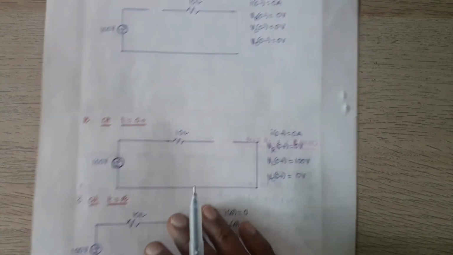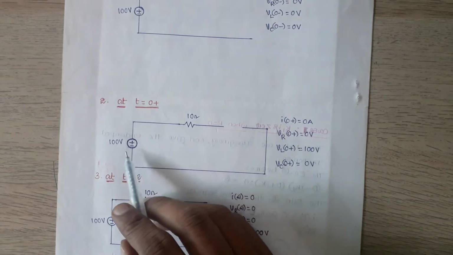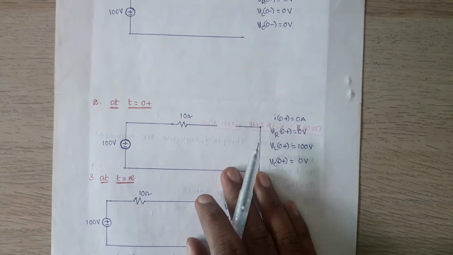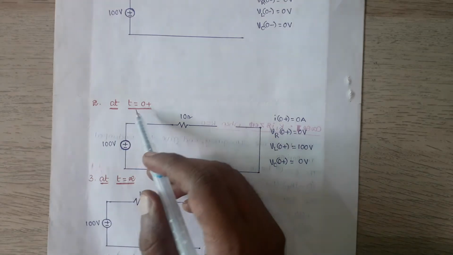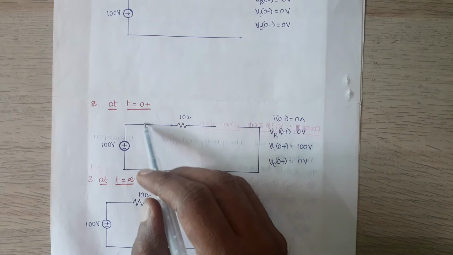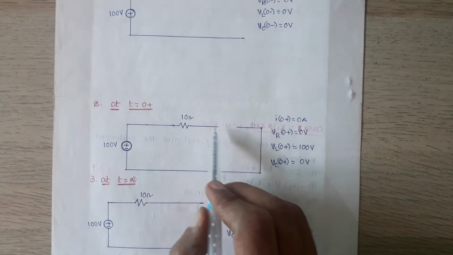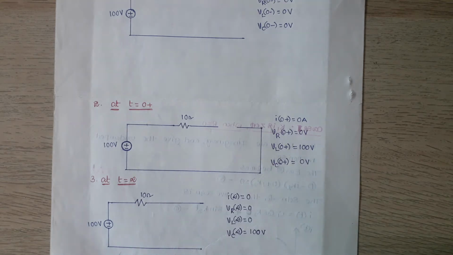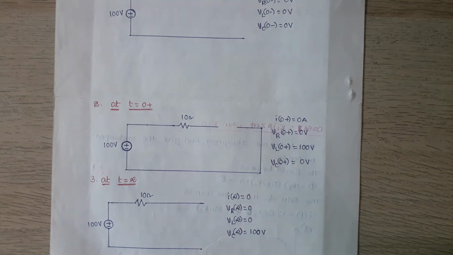So next, at t equal to 0 plus. 0 plus means immediately after closing the switch. So let us draw the equivalent circuit. We can draw the equivalent circuits at t equal to 0 minus, t equal to 0 plus, and t equal to infinity, or otherwise 5 time constants. At t equal to 0 plus, the switch is closed, 100 volts, resistor behaves as resistor. The nature of the inductor at t equal to 0 plus is open circuit, and the nature of the capacitor at t equal to 0 plus is a short circuit.